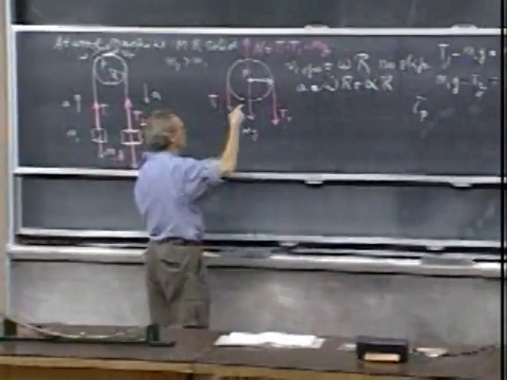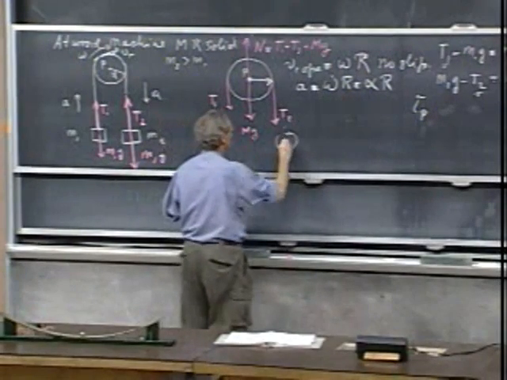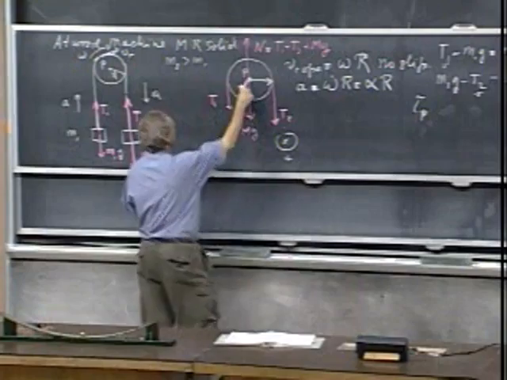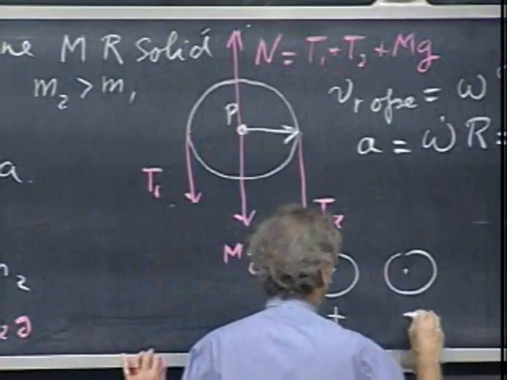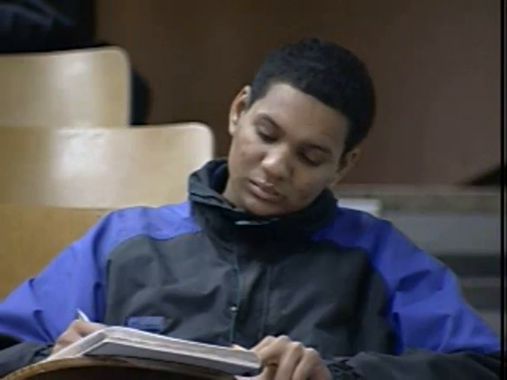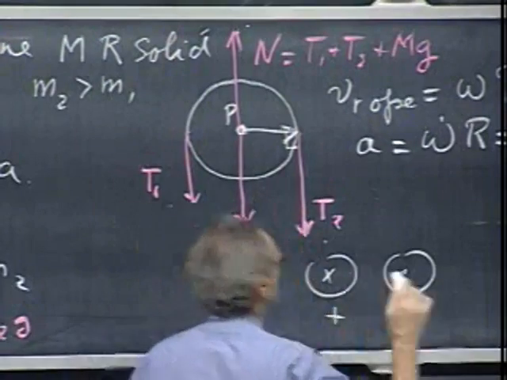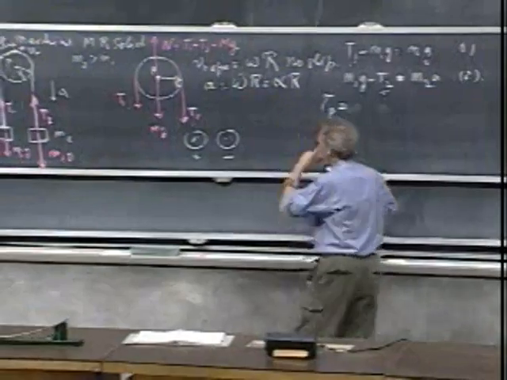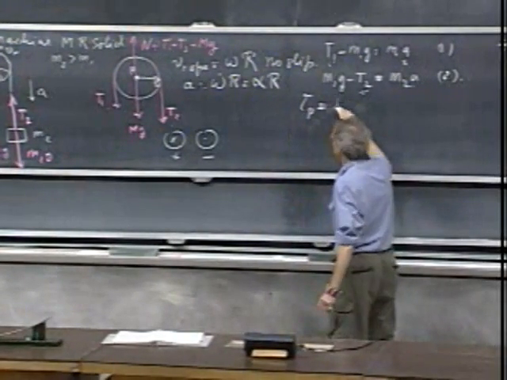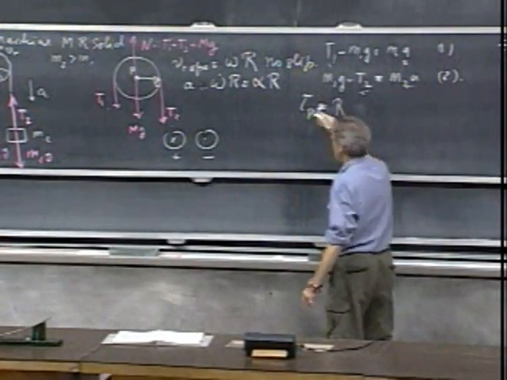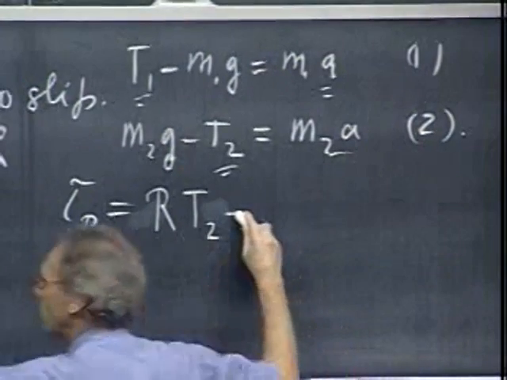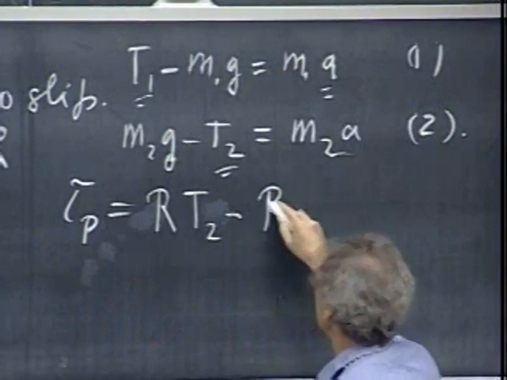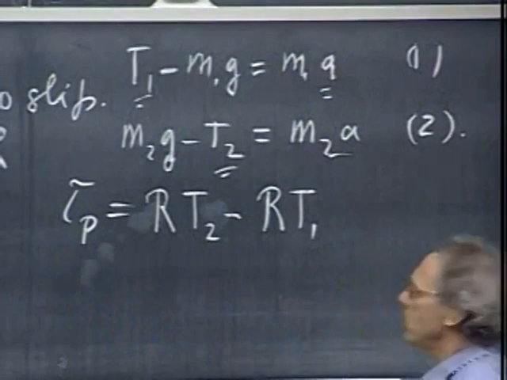That is a torque into the blackboard. What is into the blackboard I will call positive. The torque due to this force is out of the blackboard, and I will call that negative. Since this angle is 90 degrees, I simply get that the torque relative to point P equals the radius of the cylinder, radius of that pulley, times T2. That's the positive part, and the negative part is the radius times T1.